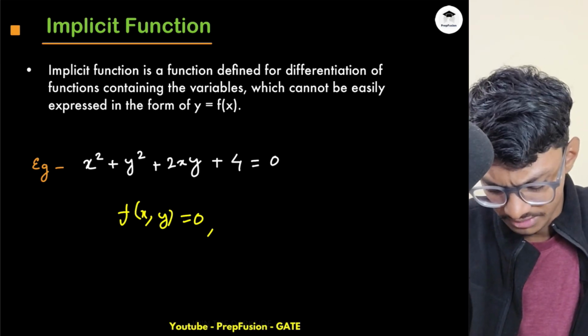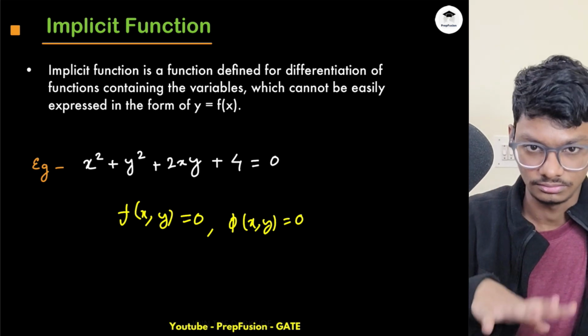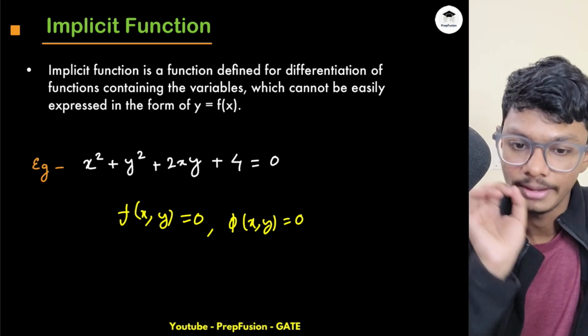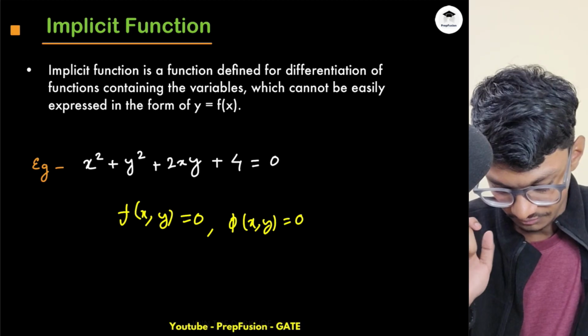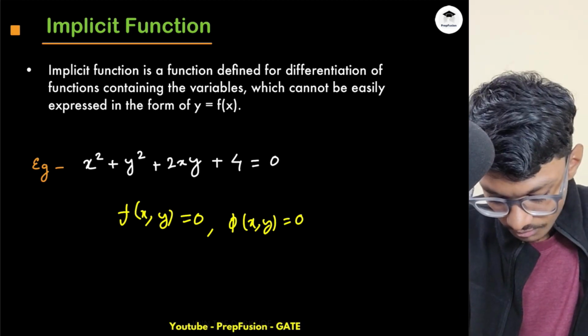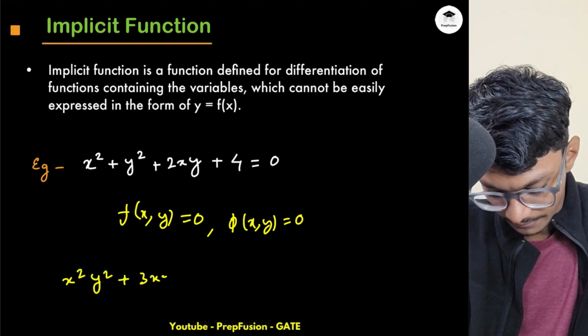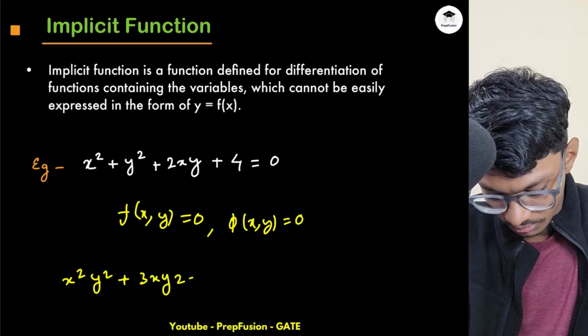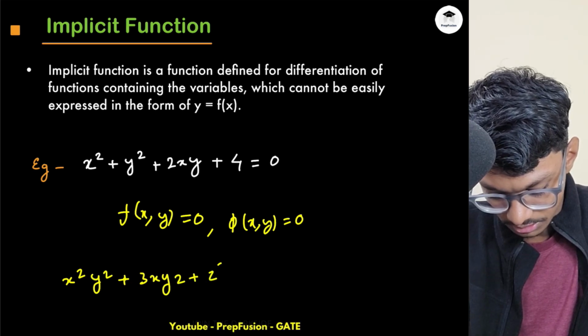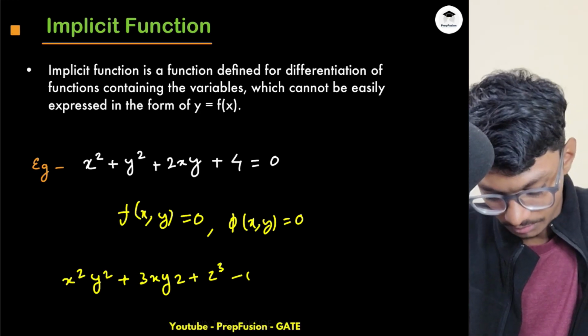Sometimes they are represented like this, phi of x, y equals to 0. Whenever these types of things are given, they are talking about an implicit function. Implicit functions can have 3 variables also. So x square y square plus 3xyz plus z cube minus 1 equals to 0.